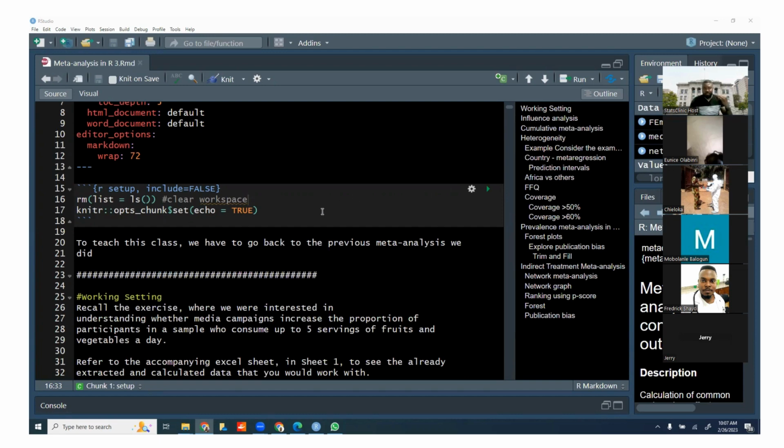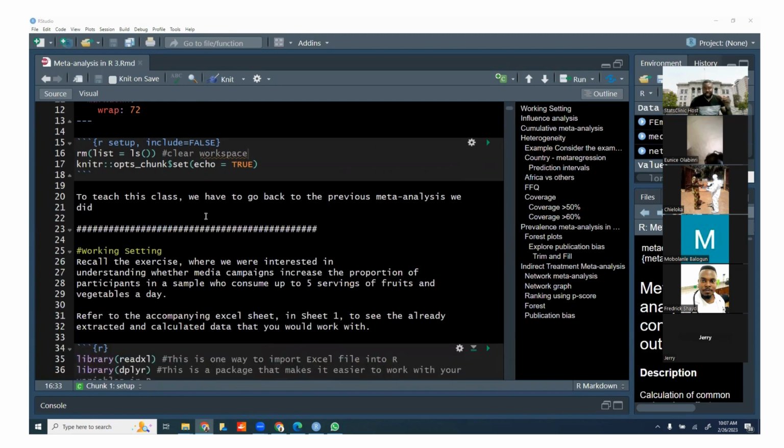That's where we use indirect treatment meta-analysis. So if we get to that point, I'll describe in more detail. So let's get started. In the previous class, we've been looking at one example, the extent to which media campaigns increase the proportion of participants in the sample who consume up to 5 servings of fruits and vegetables per day. And that's the ratio setting, the dichotomous outcome setting.